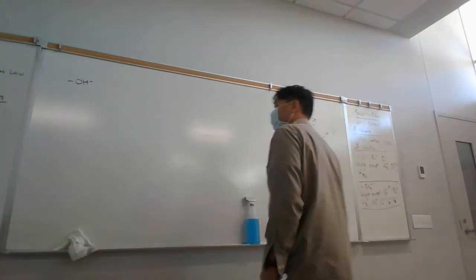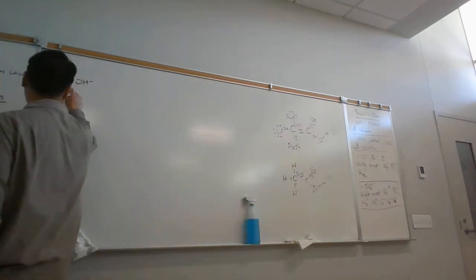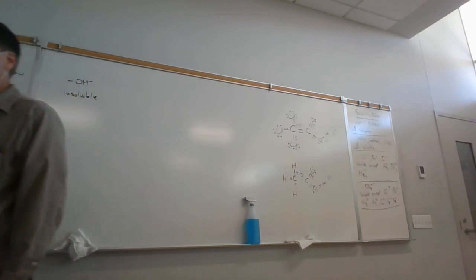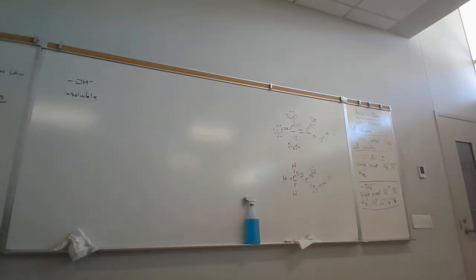Hydroxides are mostly insoluble. Now it's only a -1. Why should it be in, well, oxygen? Oxygen is a pretty small atom. It's pretty far on the right side, so it's pretty small.